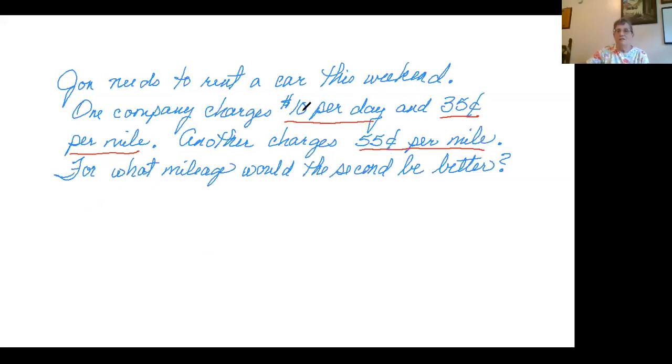this is in dollars and this is in cents. So we need to get both of them in the same units. So let me say that the second company is going to be charging 0.55 for every mile. So 0.55 M, if we let M equal the number of miles.